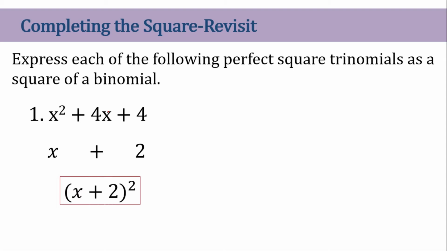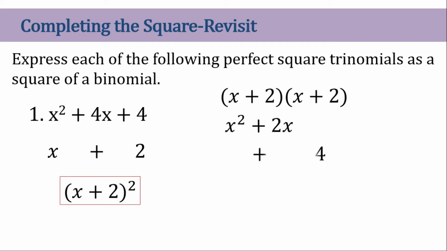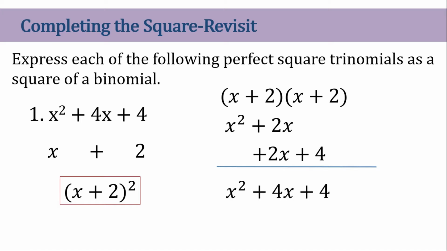That's how we do that. And if we use the technique that we did a while ago, let's square the first term, x squared, then square the second term, plus 4, then x times 2 is 2x, times 2, that is 4x. Or we could just use the FOIL method, and we will be getting the same answer.